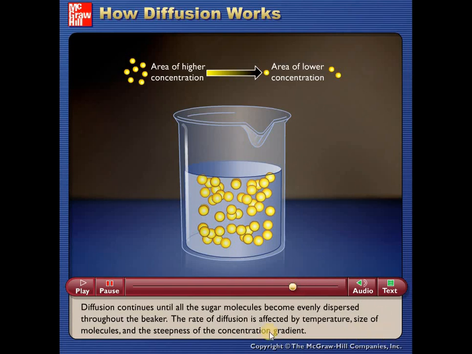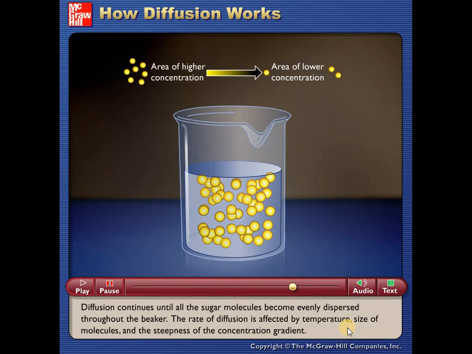How about the size of the molecules? Yan. So ito naman guys is inversely related. So ibig sabihin pag tumaas yung isang factor, bumababa yung isang factor. Kasi nga, for example, pag mas malaki yung molecule, mas mahirap siyang i-diffuse.